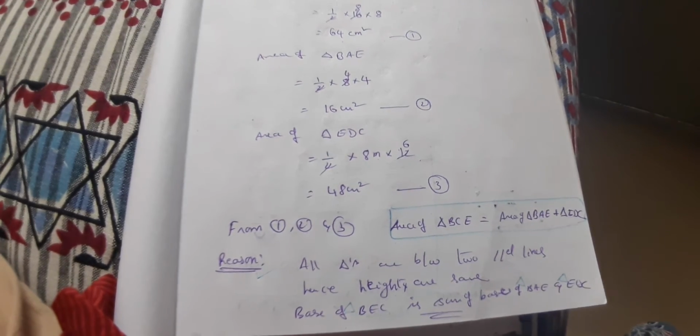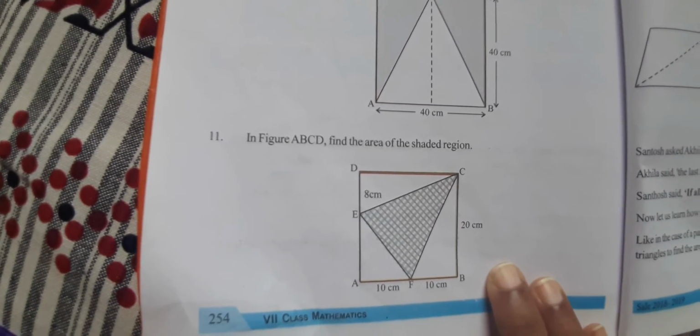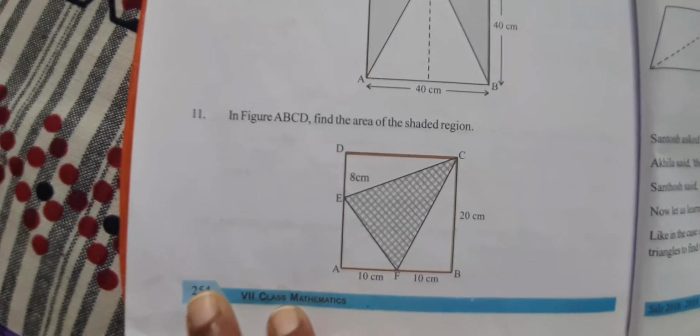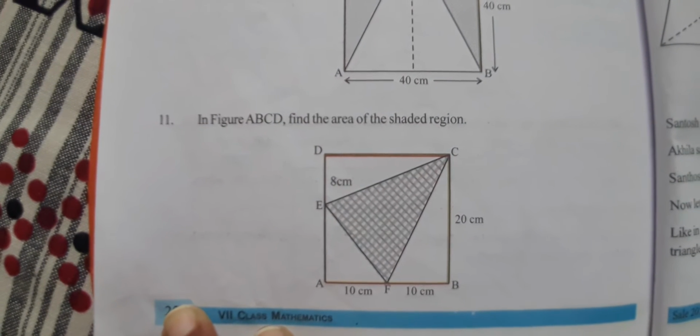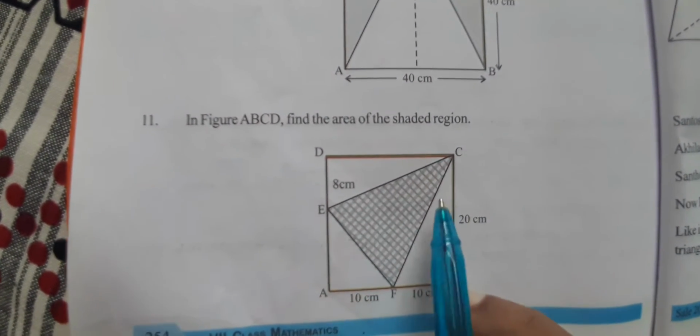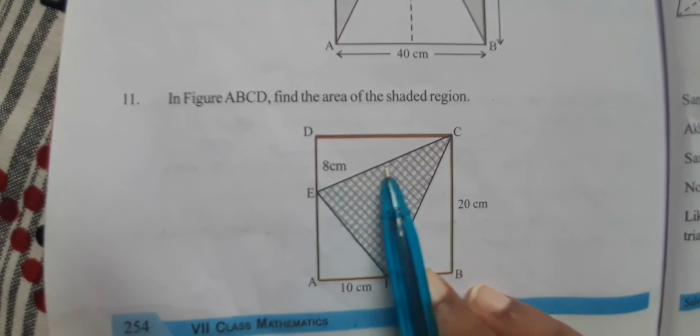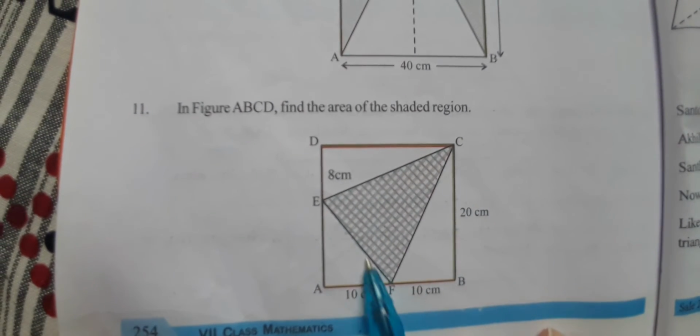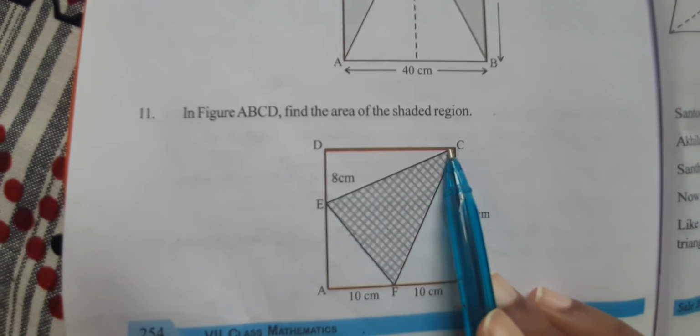And copy the notes. So let me go to the 11th problem. The remaining ones you can all do, they are all direct problems. So wherever something different is there, I am doing that one. So here, find the area of the shaded region. Observe the diagram carefully. Do you know the altitude of it? No, we can't find the altitude from here.